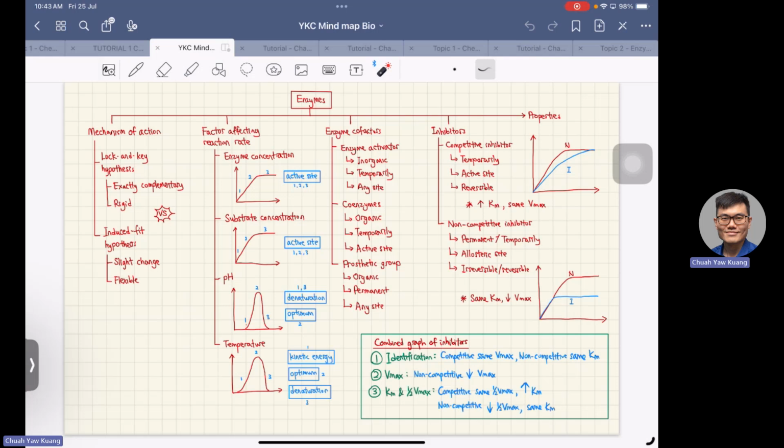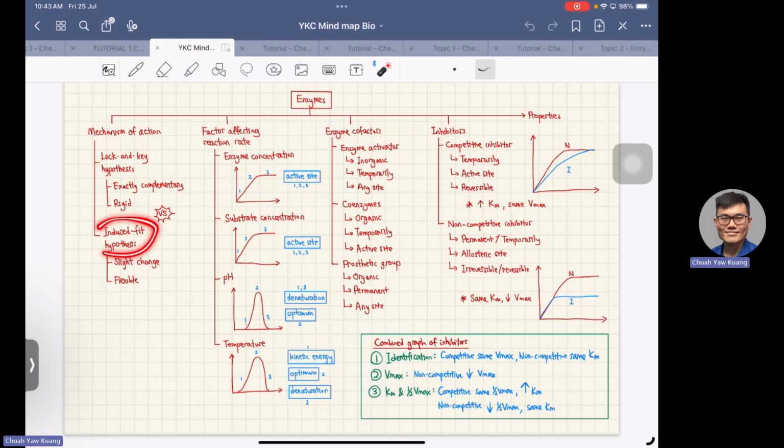First, you have to talk about the substrate and the active site. Their shapes are exactly complementary, exactly the same. The second thing is that the active site is rigid. The active site will not change shape at all. That is for the lock and key hypothesis.